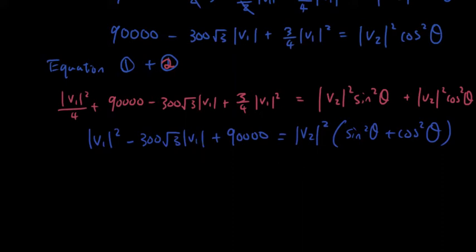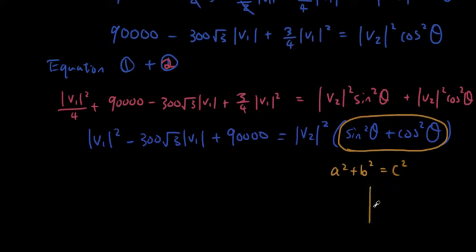Okay, now we love this little expression here because if you remember in Pythagoras theorem, a squared plus b squared equals c squared. Now in a right angle triangle, if we have a hypotenuse c, and if c is equal to 1, and theta is here, then a is equal to sine theta and b is equal to cos theta, times 1.